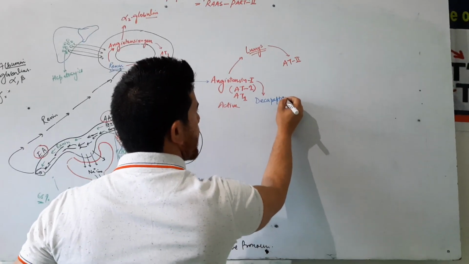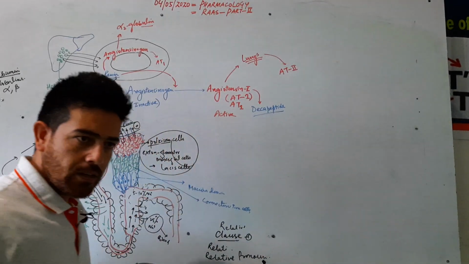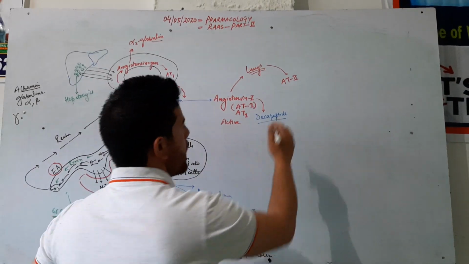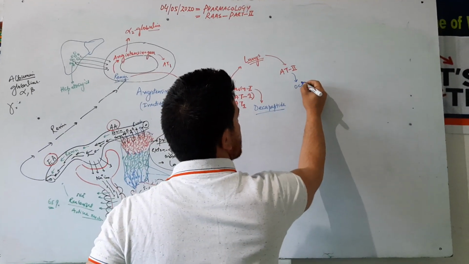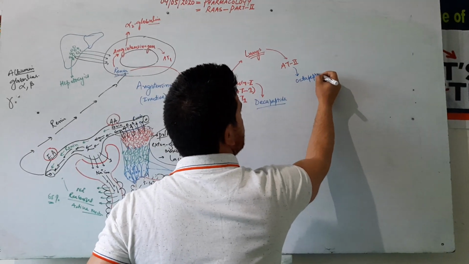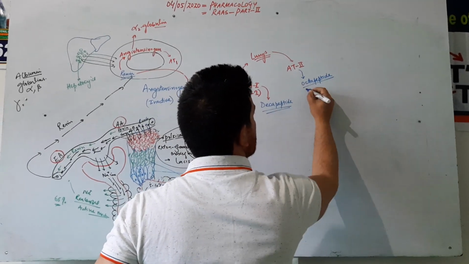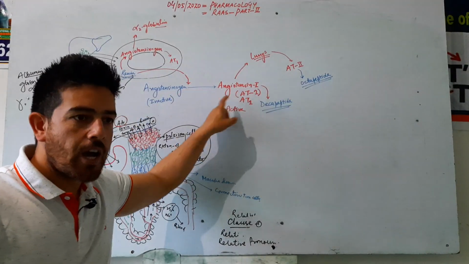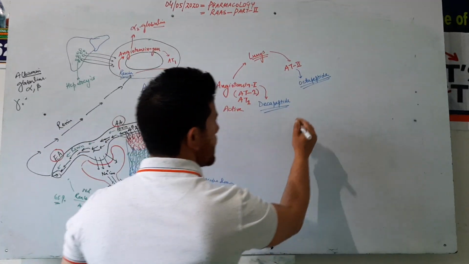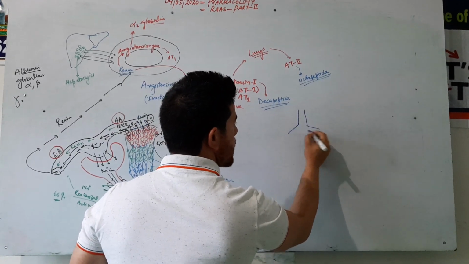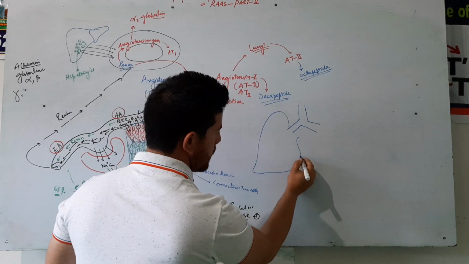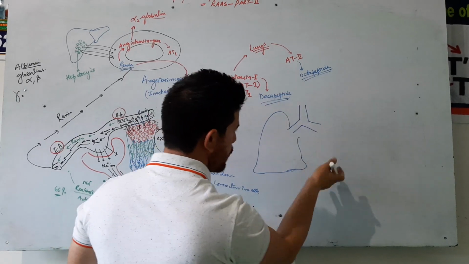It means that it is a polypeptide having 10 amino acids, and angiotensin 2 is an octapeptide. How does this happen? If this is the lung, I will show it from one side.